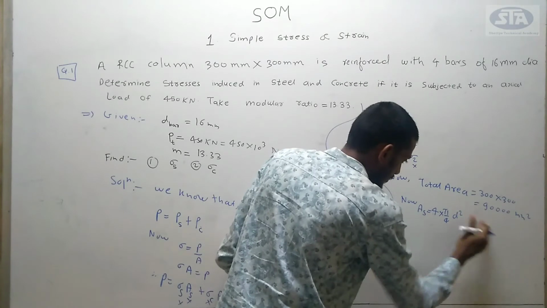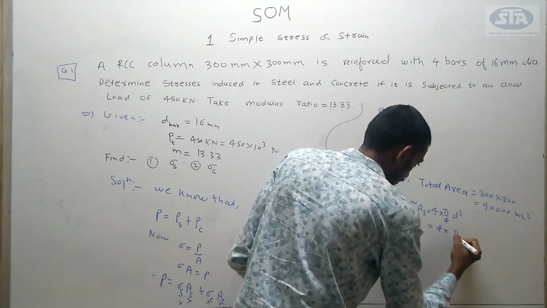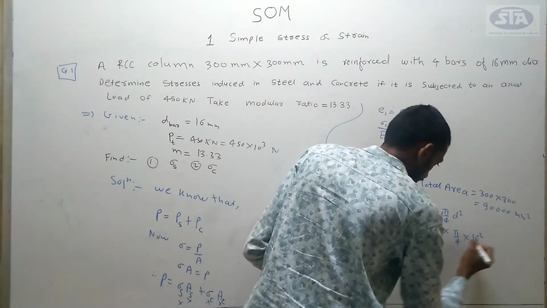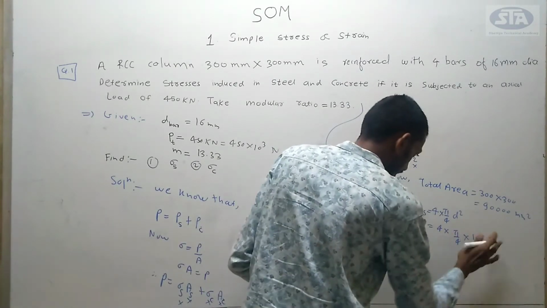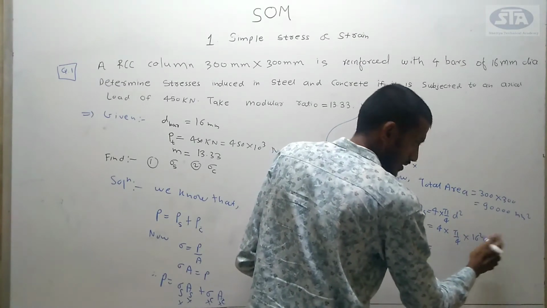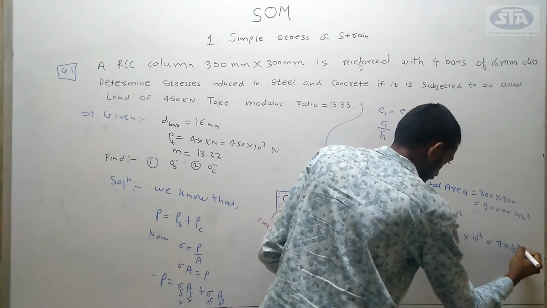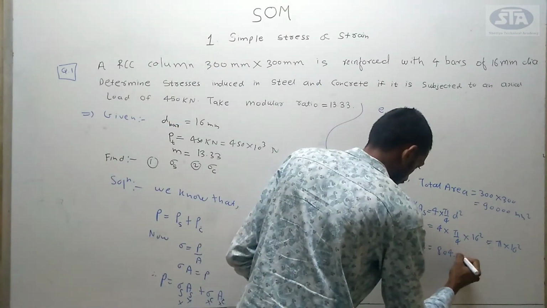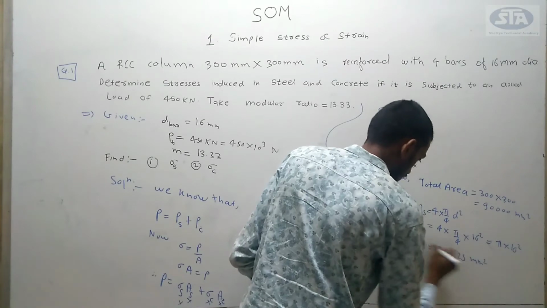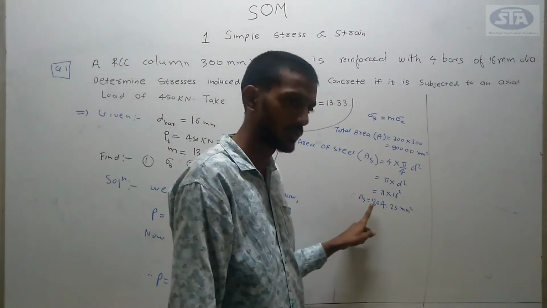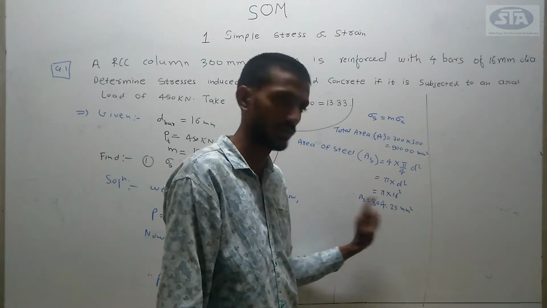Then 4 into pi by 4 into d square, with d equal to 16, the 4 cancels, and we get the area of steel, 804.25 mm square.